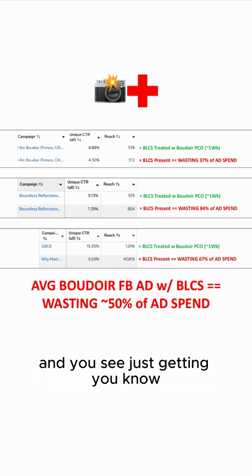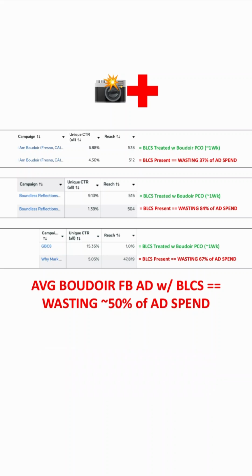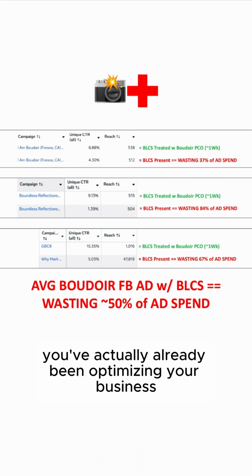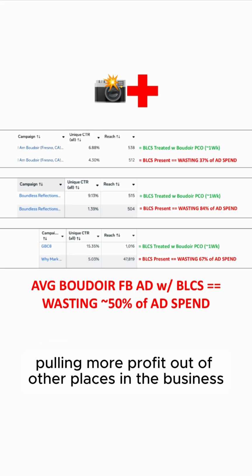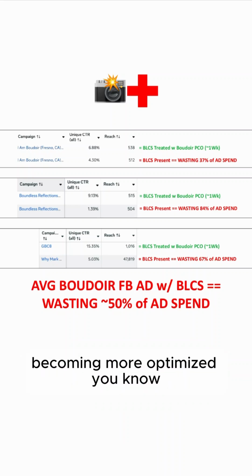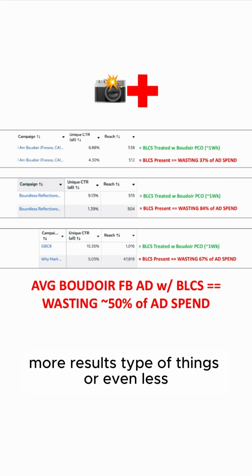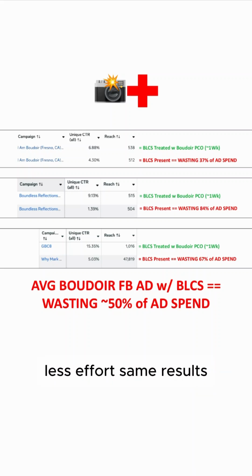And you see it's getting more competitive, more saturated, more boudoir photographers. And you're seeing inflation, cost of living rise. So you've actually already been optimizing your business, pulling more profit out of other places in the business, becoming more optimized: same effort, more results, or even less effort, same results.